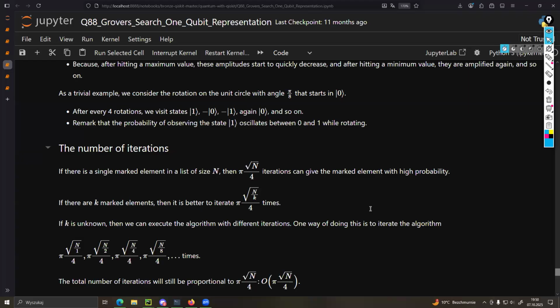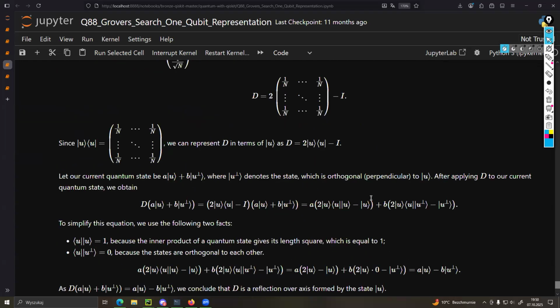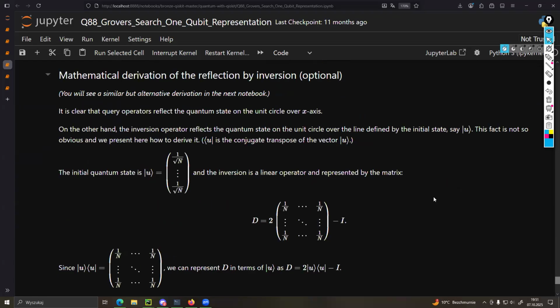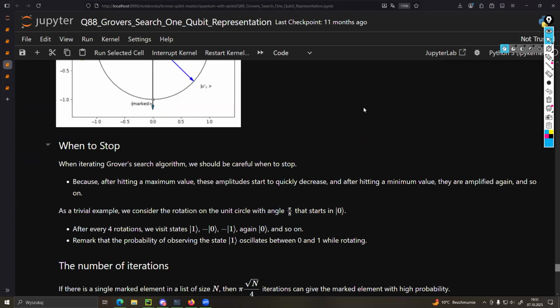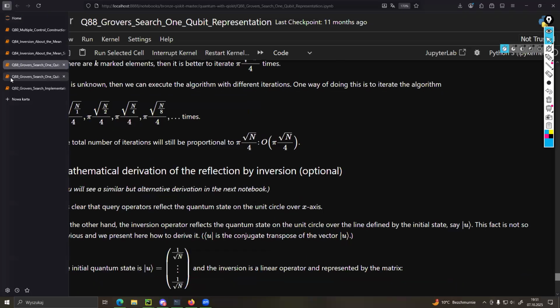Sorry, here we stated it for the quantum states, so we deal with amplitudes. Right. So that wraps this up in terms of Q88.